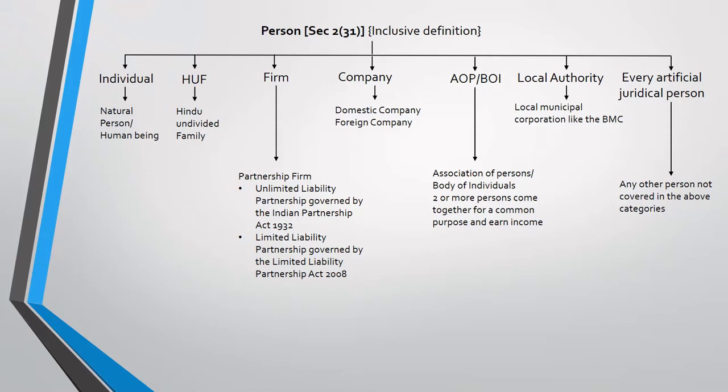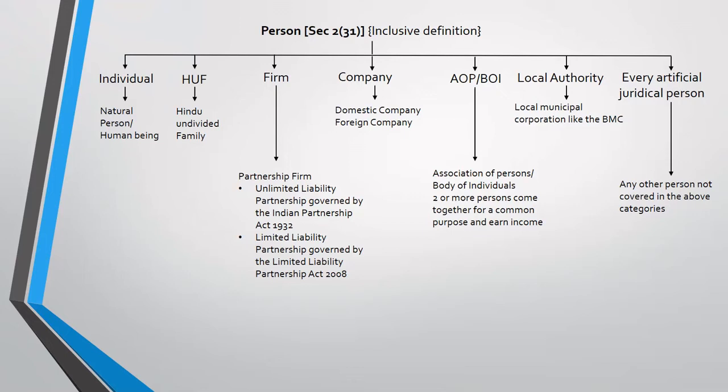AOP means association of persons. BOI means body of individuals. So, when two or more people come together for a common purpose and earn income, it is an AOP or BOI. So AOP would be where two or more people from the categories of person.